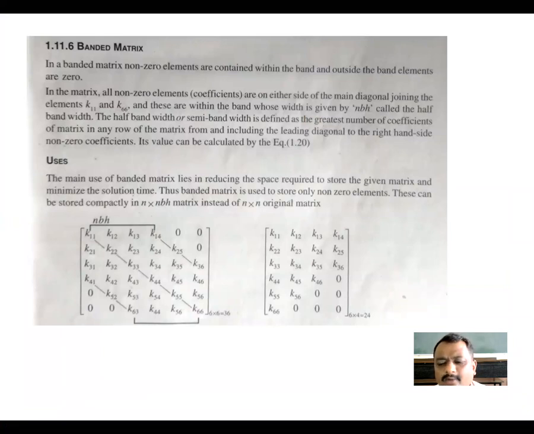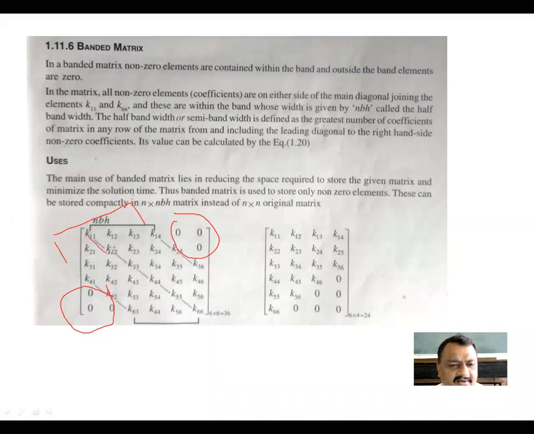That means in this global stiffness matrix, only the non-zero elements are considered, and zero terms are considered outside the band, like how you see here on the screen. So these are zero elements which are considered outside. So only this part of the band is considered and written as a matrix.